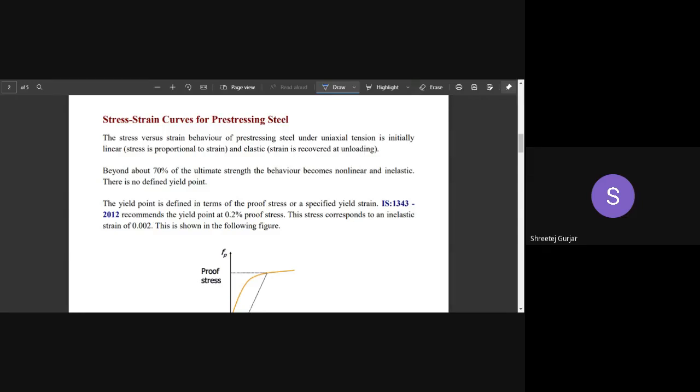Whenever we load our structure, a certain amount of deflection occurs, and after we unload, that entire deflection is regained and there is no permanent deformation. So that is what is meant by elastic. Initially the stress strain curve is linear and elastic.